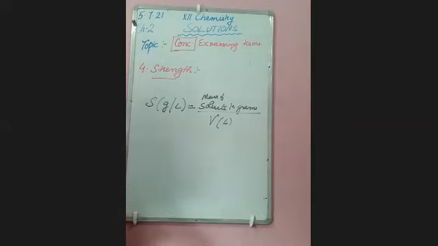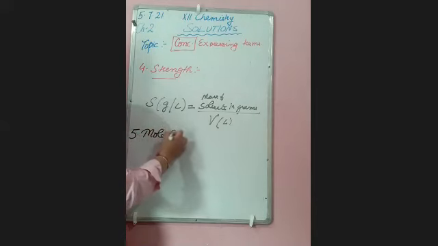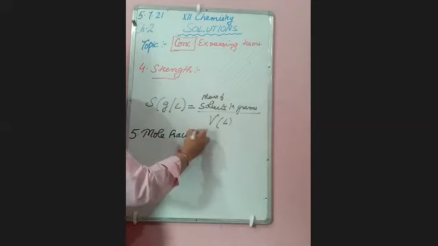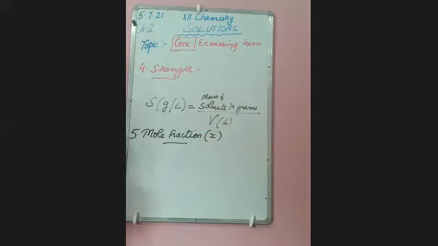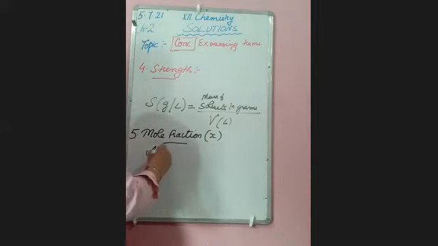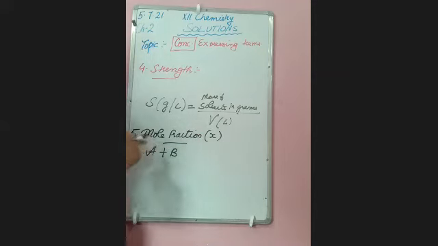Now, normality I will discuss in the next class. I am taking another term, that is mole fraction. It is represented by X. Suppose there are two components in a solution, one is solute and another one is solvent, and you have to calculate the mole fraction of both components.